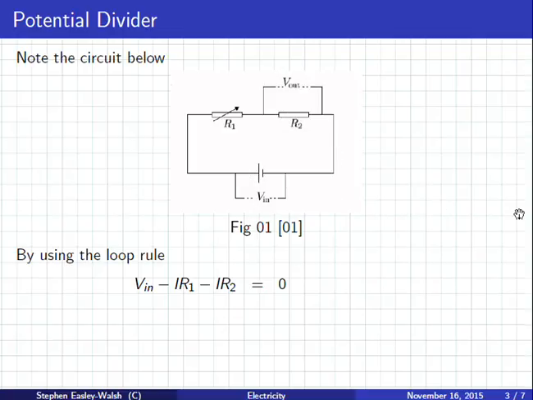Okay, so I want you to draw this circuit, please. So you have a resistor, a cell, a voltage here, and a voltage here.